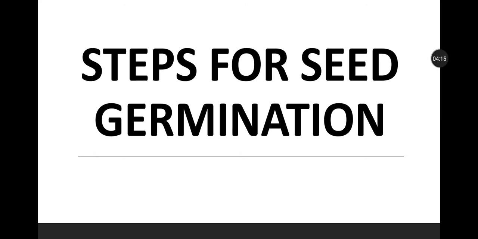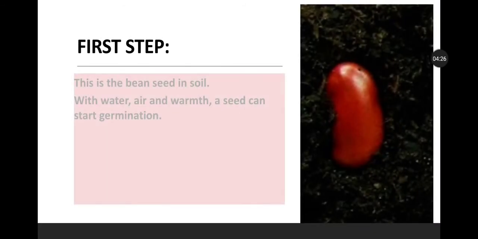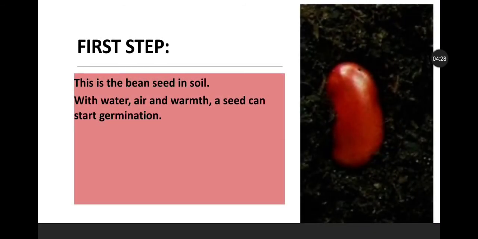Steps for seed germination. There are 5 steps for seed germination. We can look into them one by one. In the first step, this is a bean seed in soil with water, air and warmth. A seed can start germination.